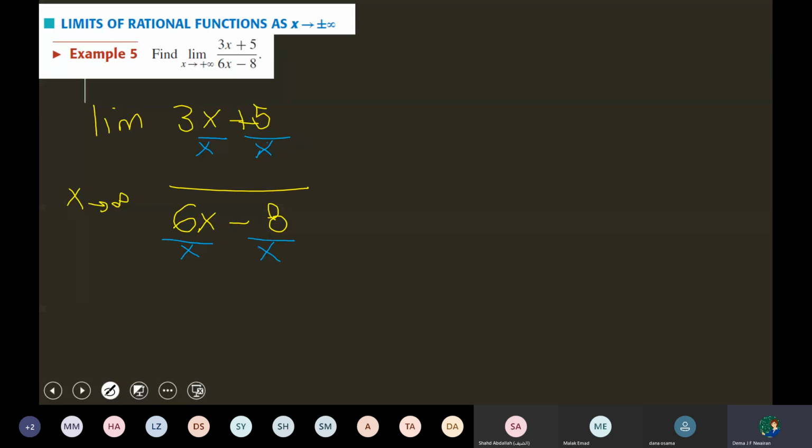I will take the highest power, which is x, then divide each term by x. So now I have the limit of 3 plus 5 over x, over 6 minus 8 over x.